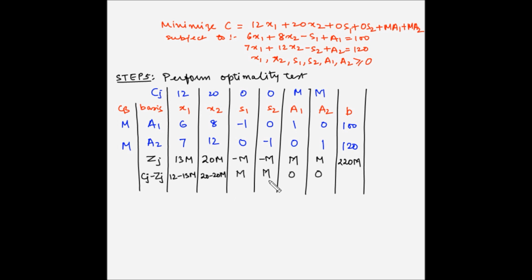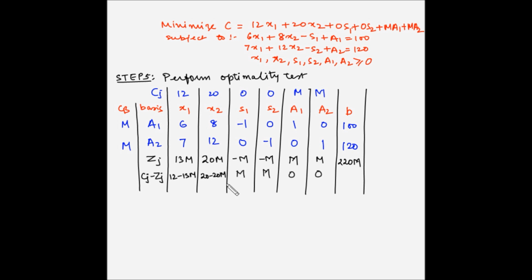So a positive value in the Cj minus Zj row for a minimization objective will indicate the amount by which the cost will increase if a unit of the corresponding variable is introduced in the solution, while a negative value indicates the amount by which the cost will be decreased if a unit of the corresponding variable is introduced in the solution.